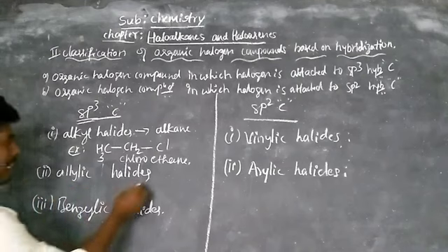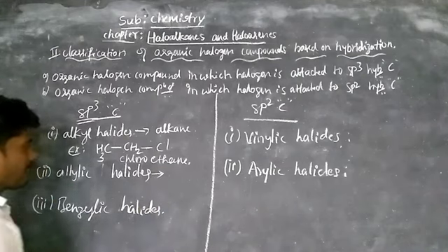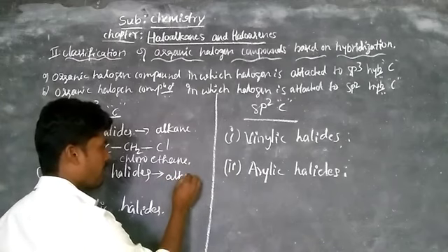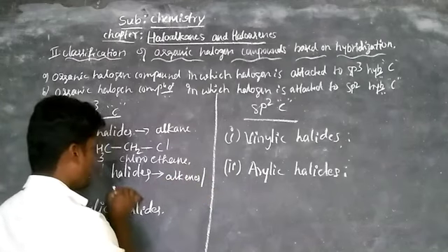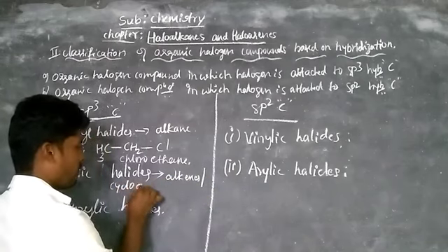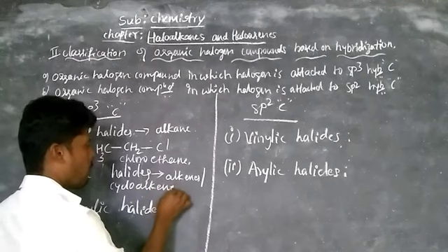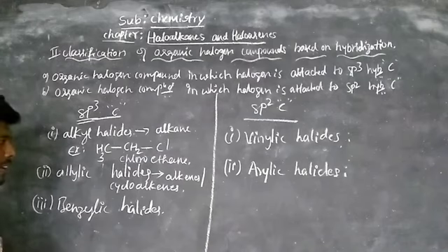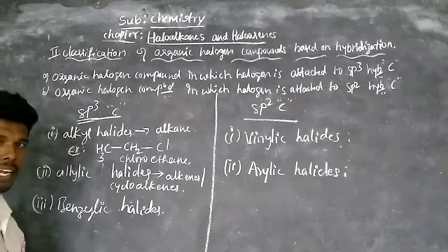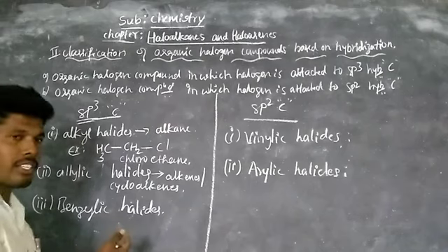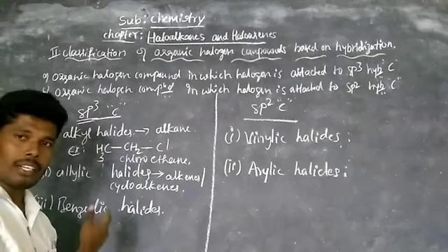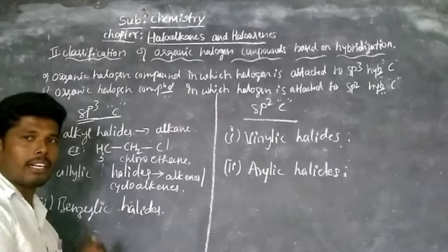Similarly, allylic halides are nothing but monohalogen derivatives of alkenes or cycloalkenes in which the halogen atom is directly attached to the sp3 hybridized carbon which is adjacent to the carbon-carbon double bond, or the carbon that contains the double bond.